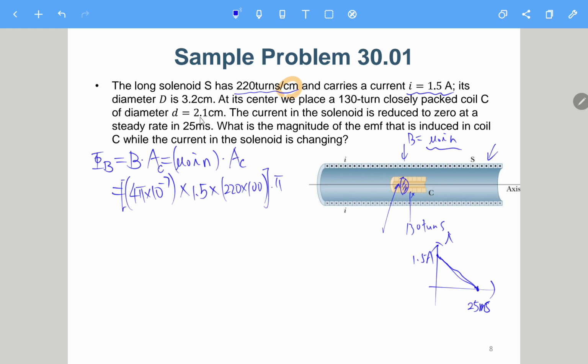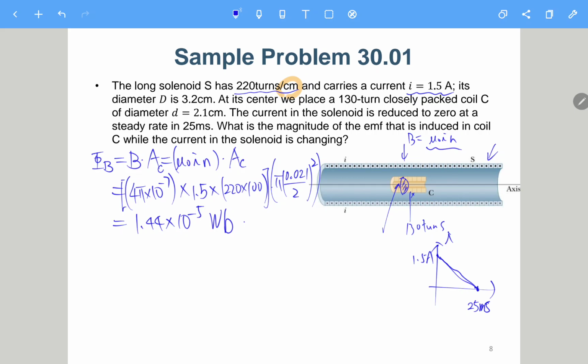We only have the diameter, so the radius is 0.021 over 2, and then squared. This is the cross-section area of coil C. This number is 1.44 times 10 to negative 5th power, and then the SI unit is Weber.